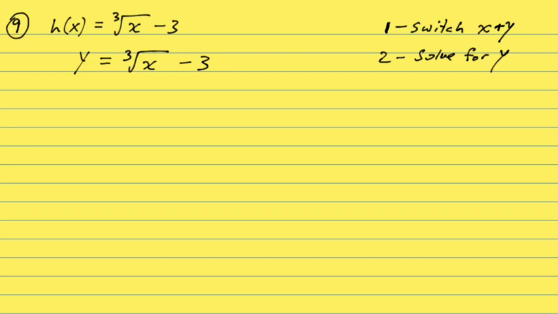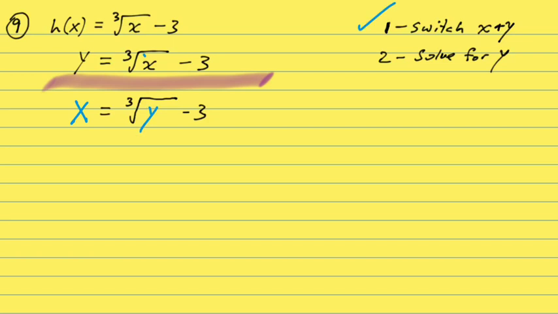Because you're switching them, I usually draw a line to indicate that things are changing now. So I'm going to reverse or switch the x's and the y's. So that y becomes an x, and this x becomes a y. So did I switch x and y? Yes. What's the next step?